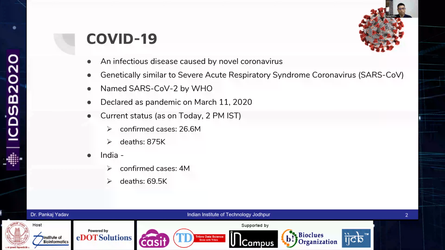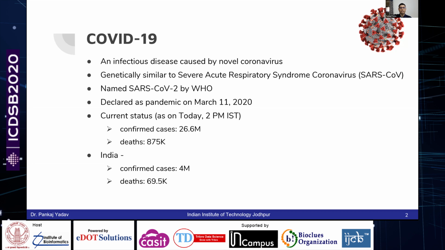I just want to show some quick facts, although everyone is almost updated with these statistics. COVID-19 is an infectious disease caused by a novel coronavirus. It's genetically similar to severe acute respiratory syndrome coronavirus, in short SARS-CoV, and it was named SARS-CoV-2 by the WHO based on its similarity with SARS-CoV-1, and declared a pandemic on 11th of March this year.